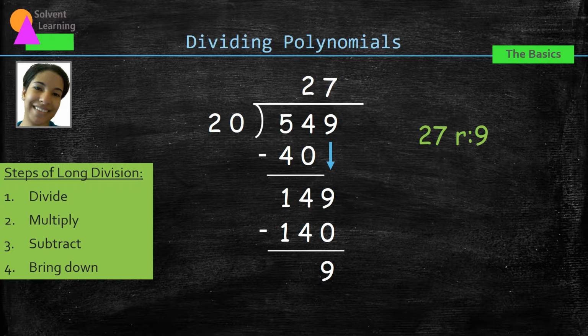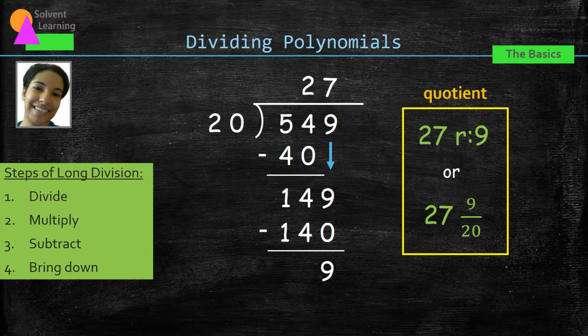We can either write it as 27 with a remainder of 9, or we can write it as a fraction with 27 as the whole number, and then the remainder we can set up as a fraction. The remainder of 9 becomes the numerator of the fraction, and our divisor is the denominator. So our answer as a mixed fraction is 27 and 9/20. And there's our quotient, our solution.